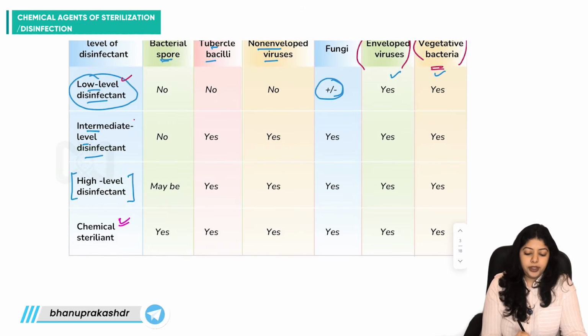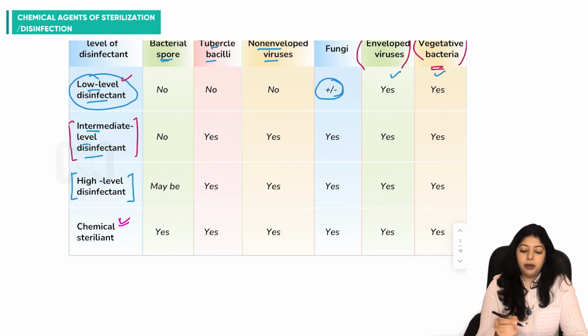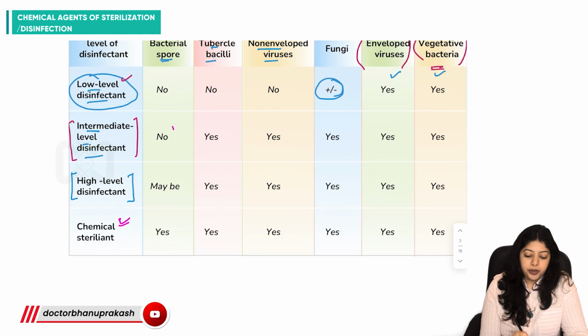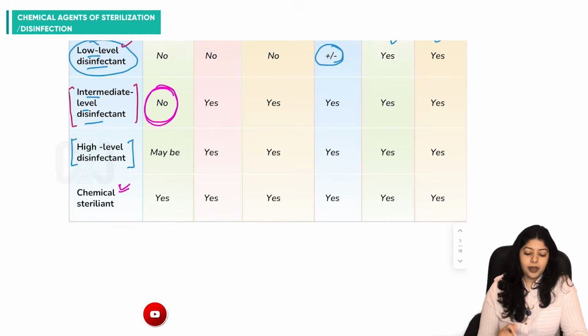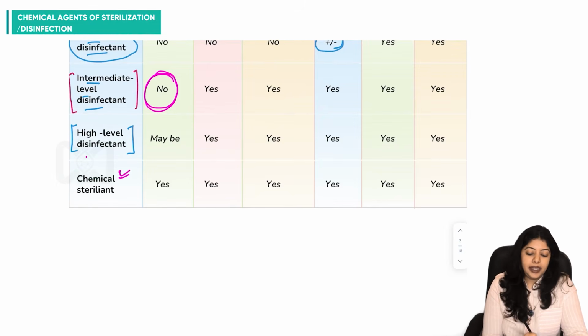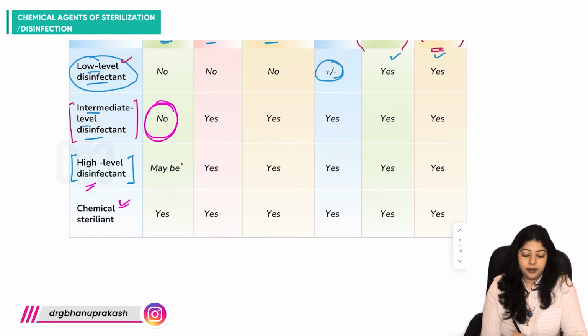Now moving on to intermediate level disinfectants. These disinfectants will have activity against all the important categories, but they will not be able to destroy bacterial spores. This is the difference between low and intermediate level disinfectants. And now comes the category of high-level disinfectants, which may or may not have activity against bacterial spores.